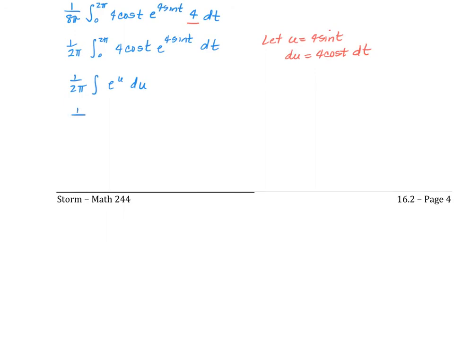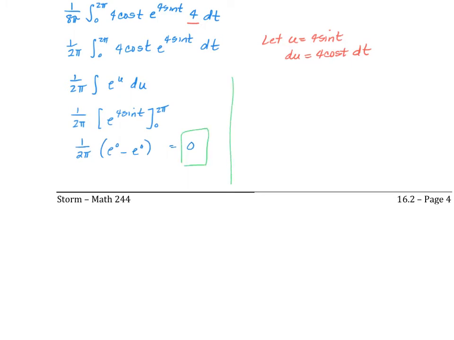And this would be 1 over 2 pi, e to the u becomes e to the 4 sine t, and then I'm evaluating this from 0 to 2 pi, which would be e to the 0 minus e to the 0. And since that's equal to 0, this whole thing is going to be equal to 0.